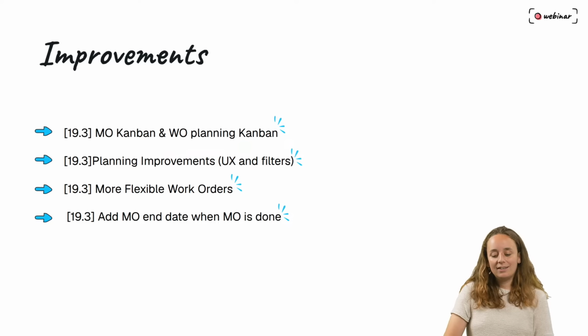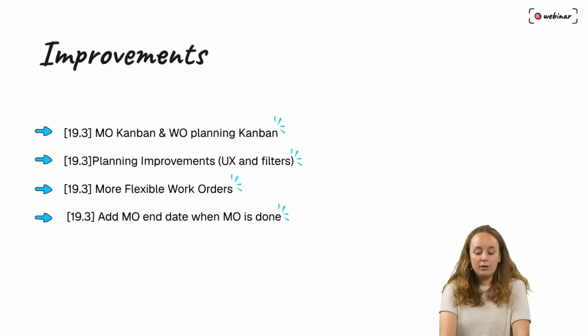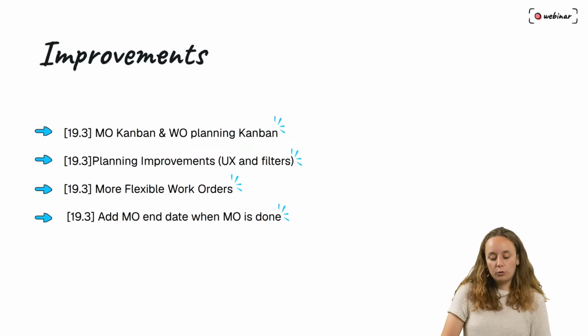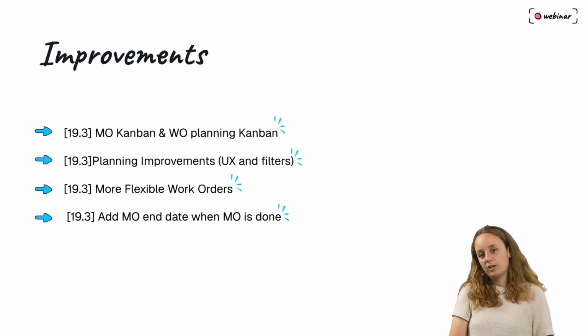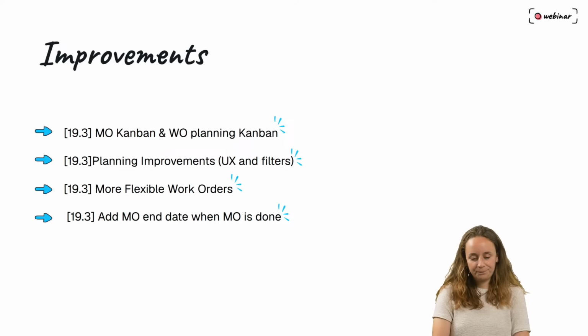We also saw that there are some planning improvements in terms of UX and in terms of filters, like the late filter or the conflict filter. Our work orders are more flexible and we can change the end date of the manufacturing order if we really need to.